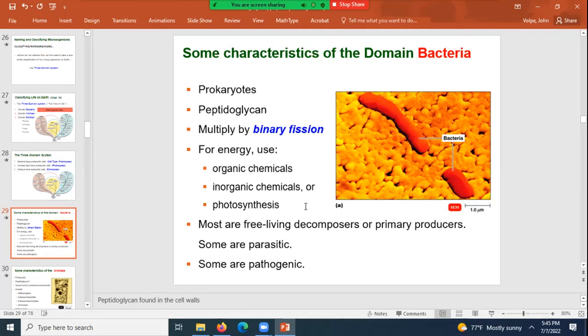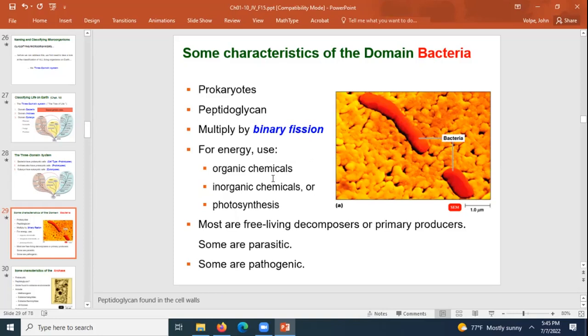For any energy use, the members of domain bacteria can use any energy source. They can use an organic chemical, which is what we do. I don't know if you can see this. There's a piece of food. We get our energy need from an organic chemical like glucose.